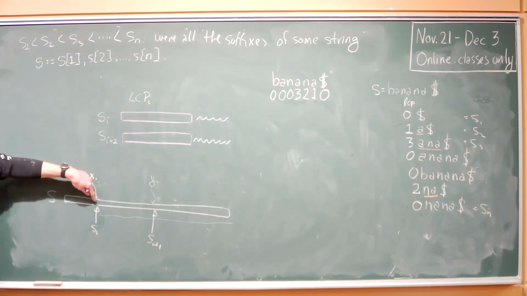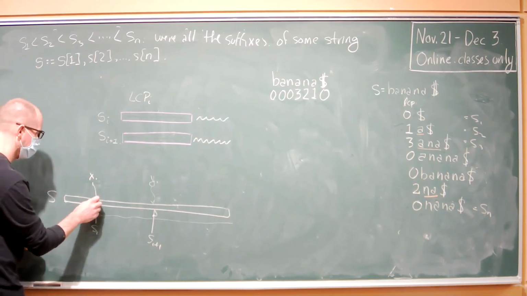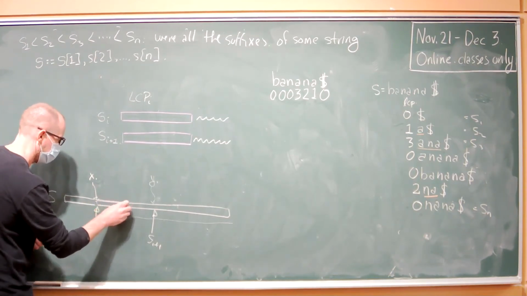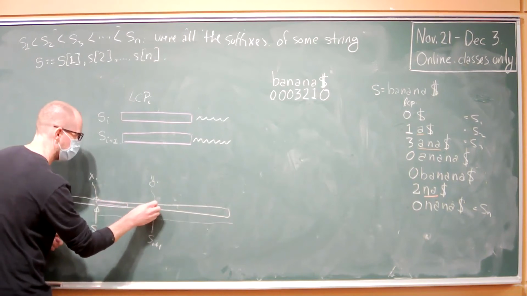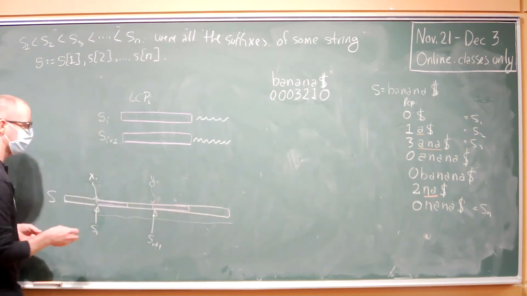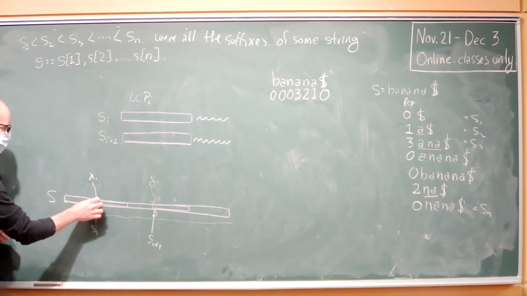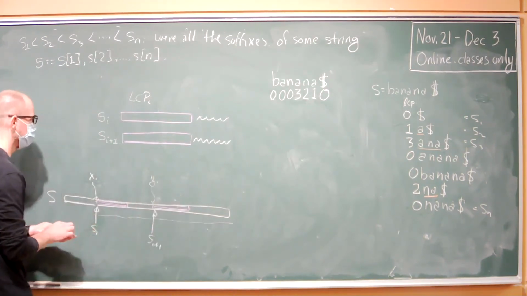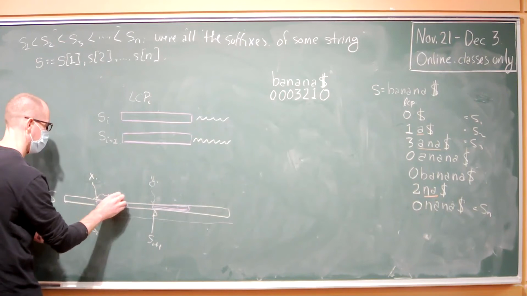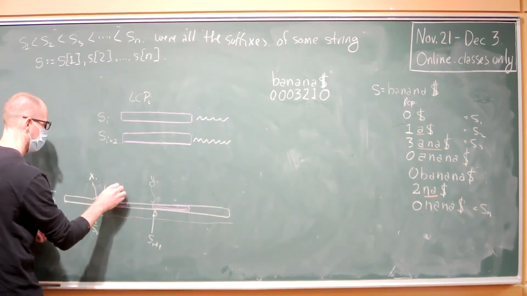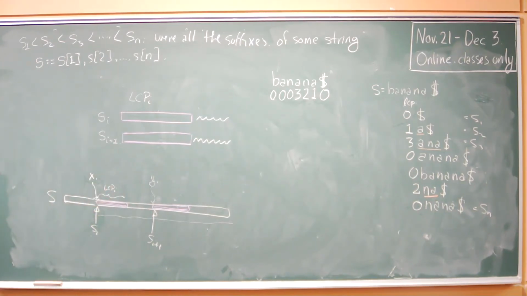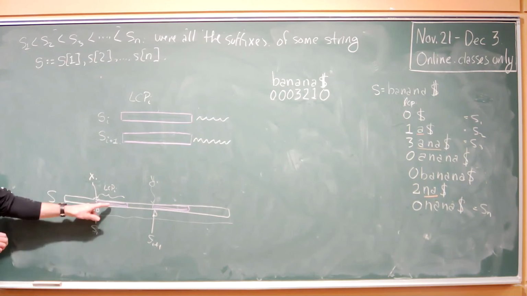But LCP at i is telling me that this thing is equal to this thing for exactly this many locations. The length of this is LCP of i.